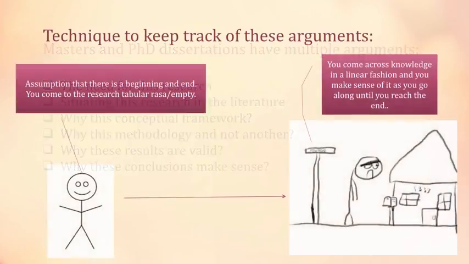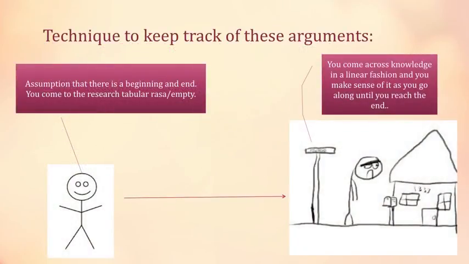And this particular technique allows us to keep track of those arguments and to provide you at least with some clarity. And the reason why this technique is so useful is because there's an assumption that when you come to a research project, you know nothing.